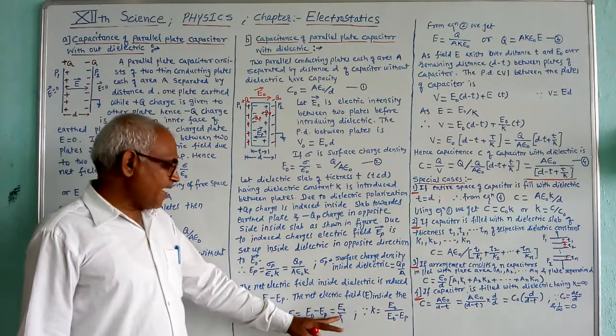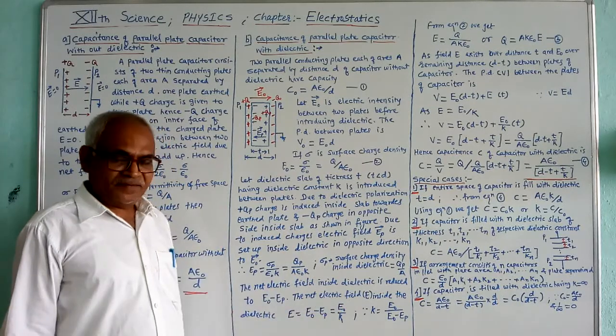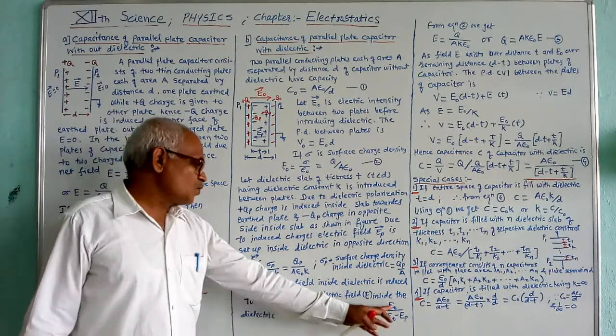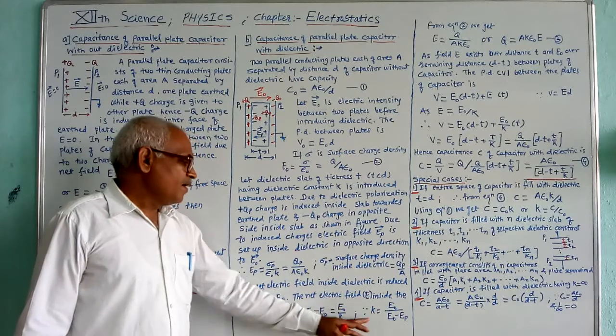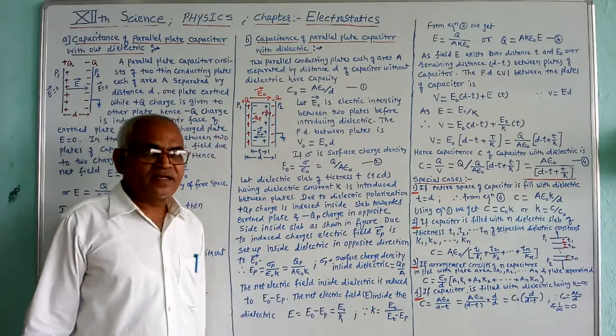Or here we write it as E equals E0 upon K, where K is equal to E0 upon E0 minus EP.